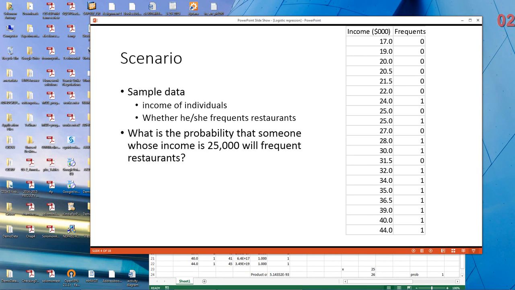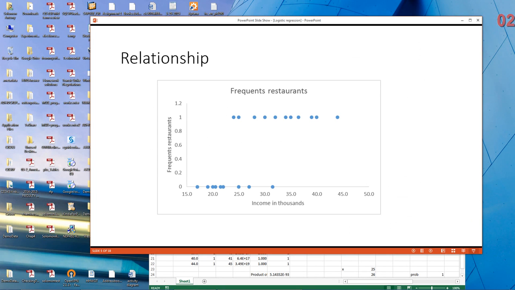Now if you try and plot the data, income in thousands on the x-axis and whether somebody frequents restaurants on the y-axis, it looks like that. It doesn't really show a relationship, but just shows a bunch of points on the 0 line and a bunch of points on the 1 line, because that's the nature of the data.